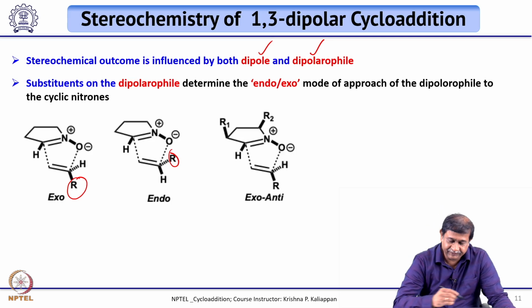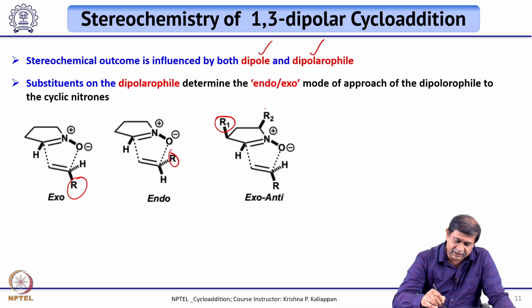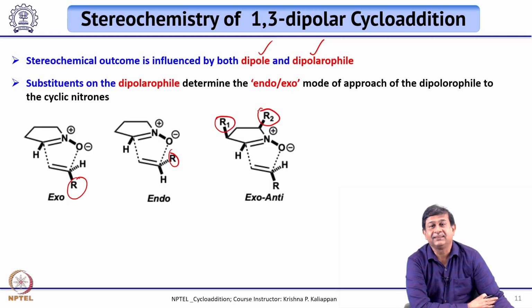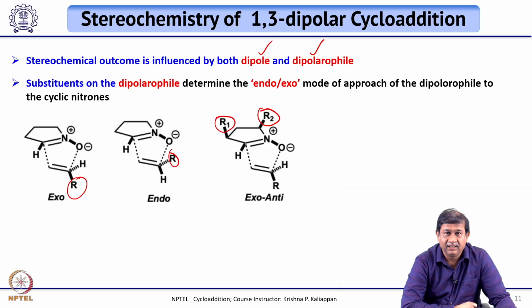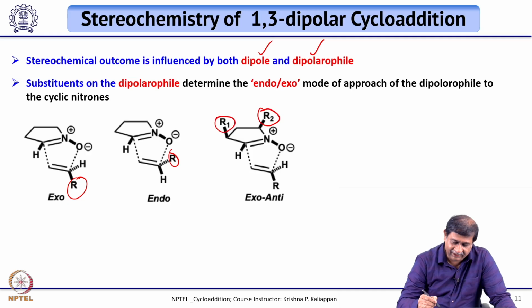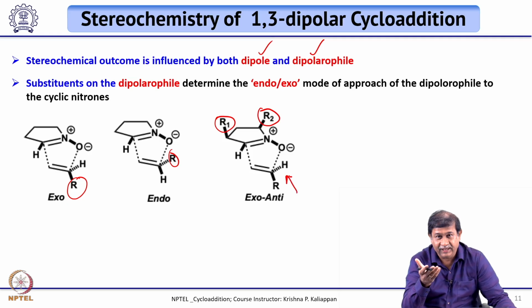Okay. Now, if you have substituents present in the nitrone, then what will happen? See, for example, you can see there are two substituents present in the nitrone. So this cyclic nitrone has two substituents. Now, the same way as we know, the dipolarophile prefers the exo approach. Okay. So this is the transition state.